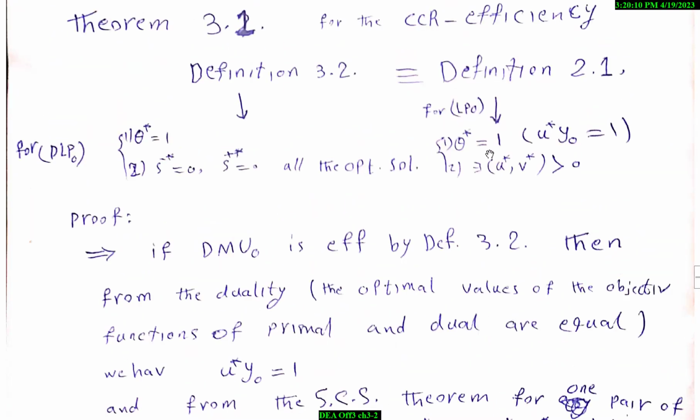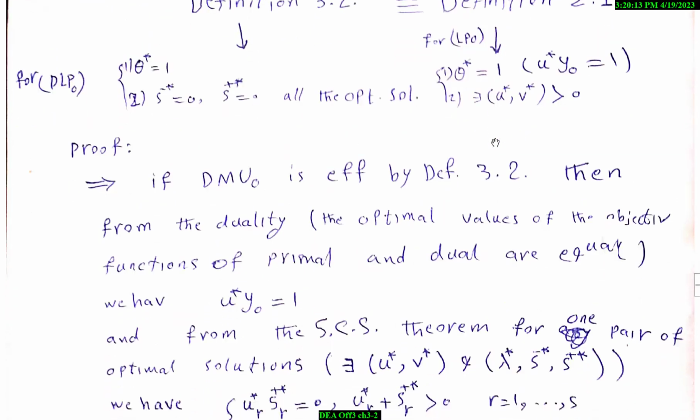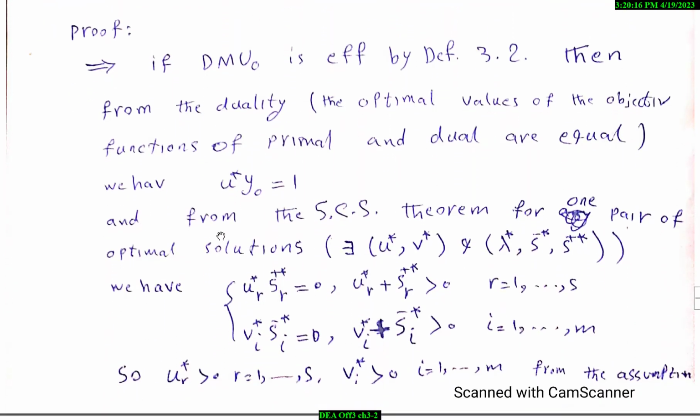This is the first condition for efficiency. And from the strict complementary slackness theorem, for at least one pair of optimal solutions, which means there exists an optimal solution for LPO and an optimal solution for DLPO, we have the strict complementary slackness conditions as they are written for these models, similarly as you can see from here.